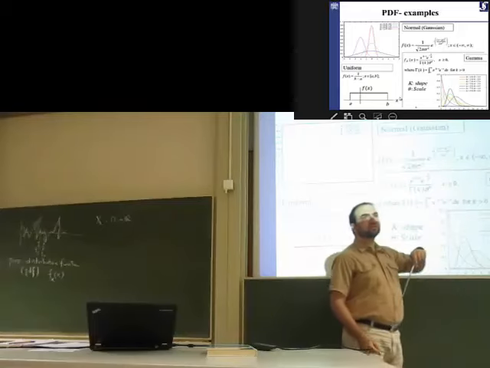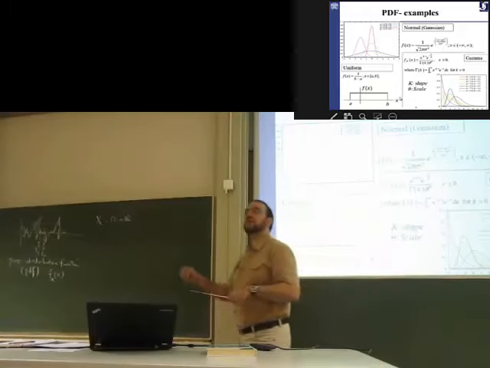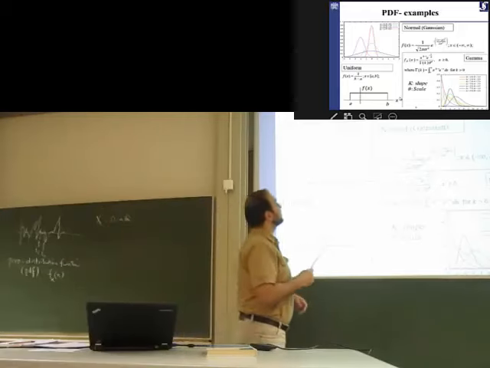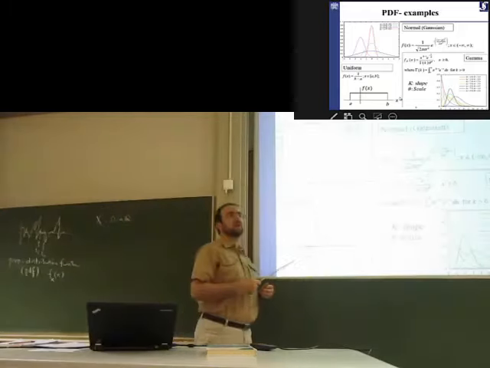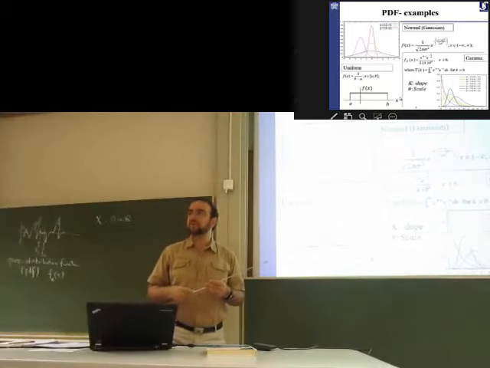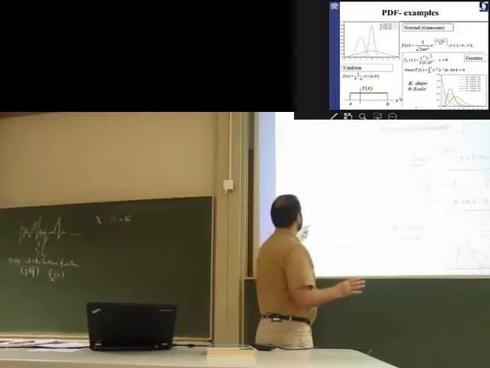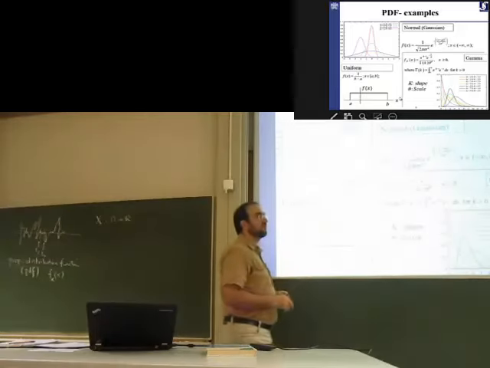And every Gaussian or normal PDF can be characterized completely with these two parameters. So if we know these two parameters for every Gaussian or normal random variable, the random variable is fully characterized. And this is the shape of the PDF for different values.